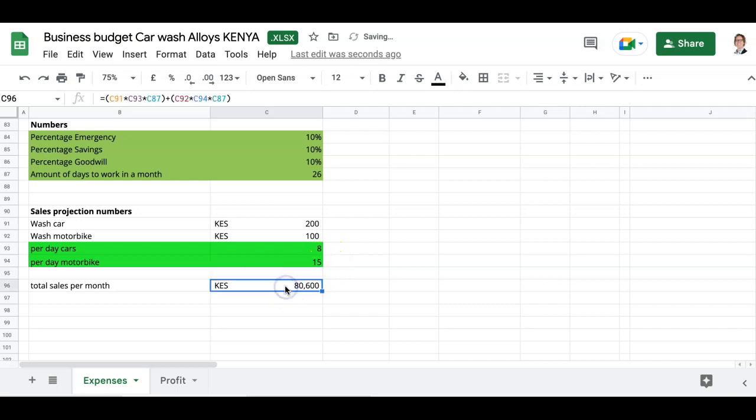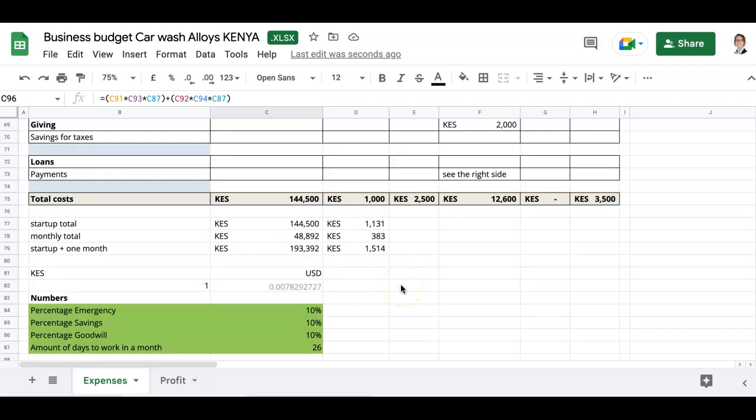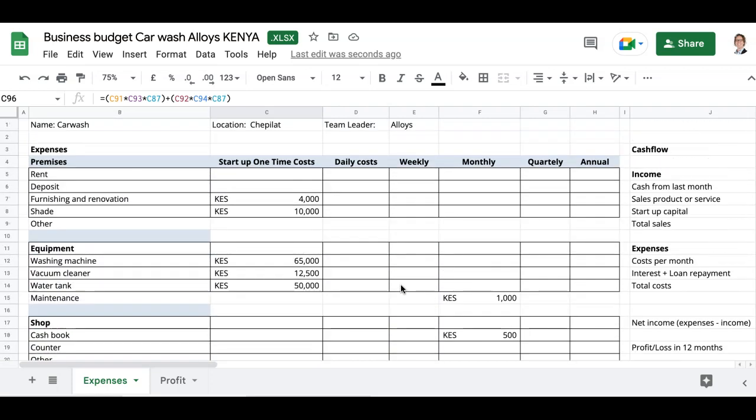So then the total sales per month are 8 multiplied by 200 multiplied by 26, and 15 multiplied by 100 multiplied by 26. So the formula is here calculated, you see. So in this case, 80,600.